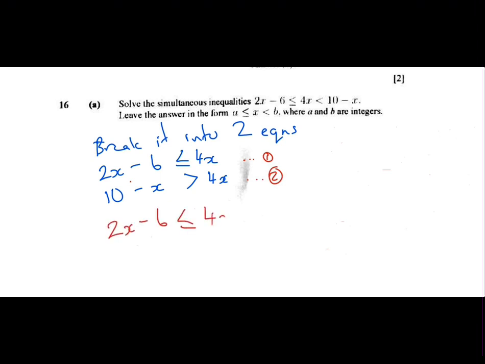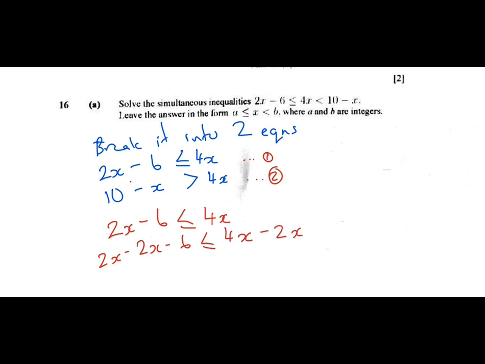So 2x minus 6 is less than or equal to 4x. What we do here is we bring the terms with x on one side, and put the terms without x on the other side. So we subtract 2x from both sides. We will remain with minus 6 is less than or equal to 2x.